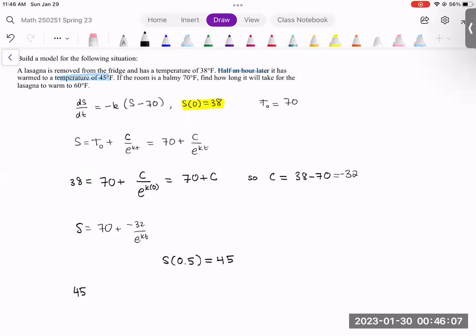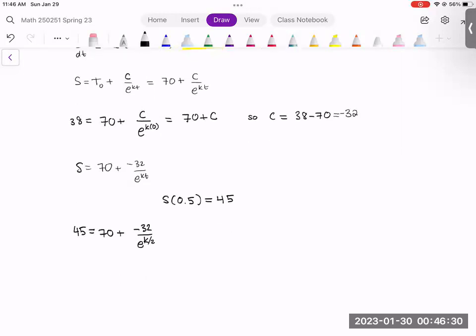We get 45 is 70 plus negative 32 over e to the k over 2. And then we're just going to do a little bit of algebra to solve. So 45 minus 70 gives us negative 25 equals negative 32 over e to the k over 2.